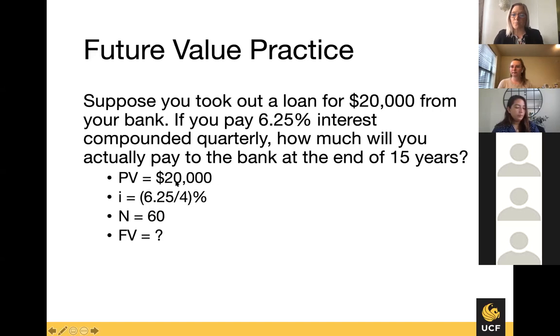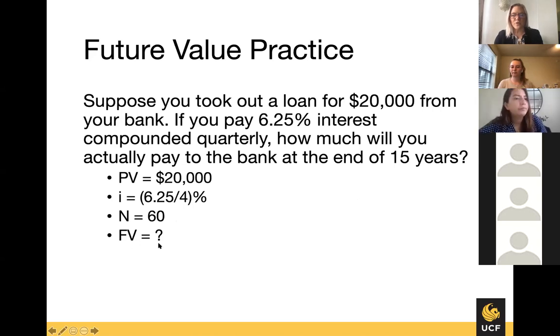So we know that the present value here is $20,000 because that's the amount you're borrowing. We know our interest rate is going to be 6.25%, but we're going to divide by 4, again, because it's compounded quarterly. n is going to be 60 because we've got 15 years times the 4 quarters per year, which is a value of 60.